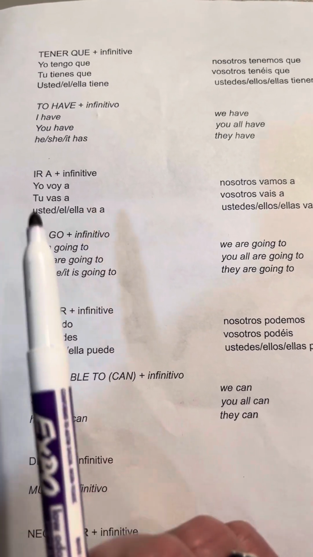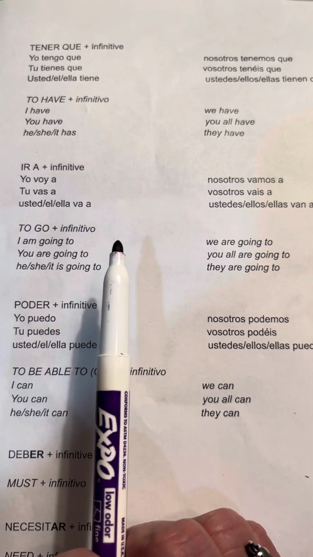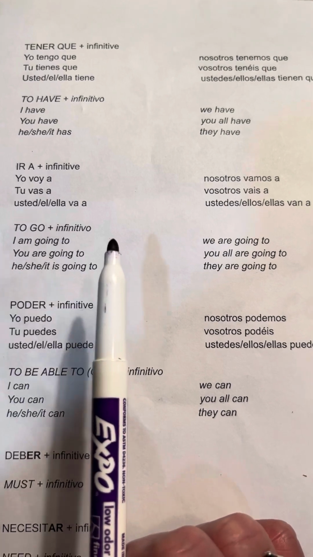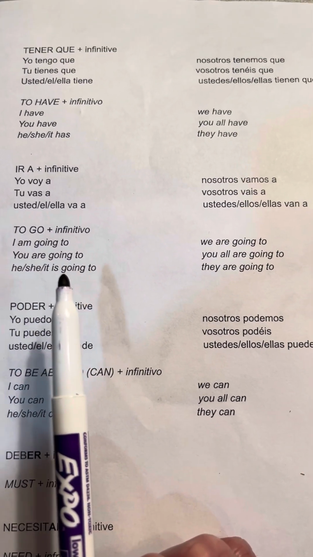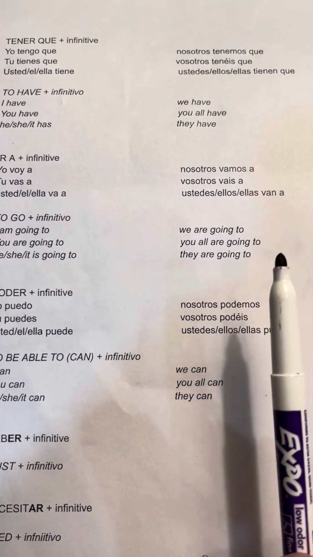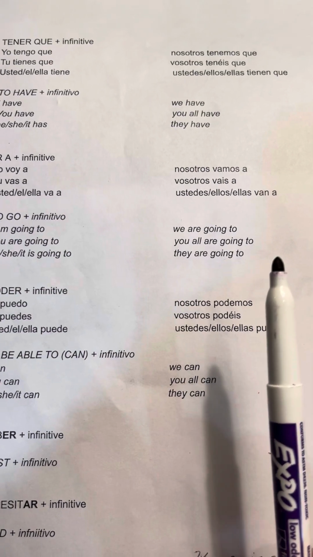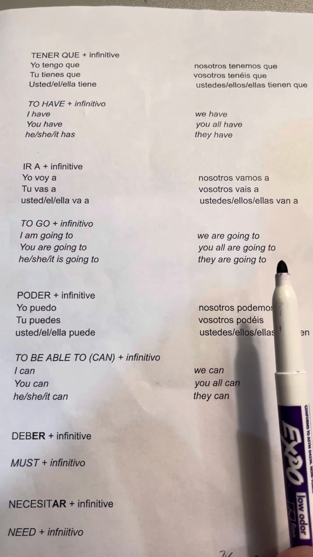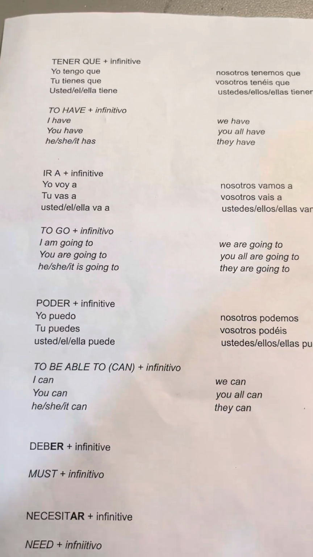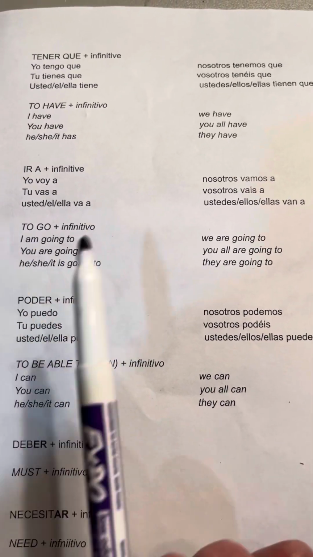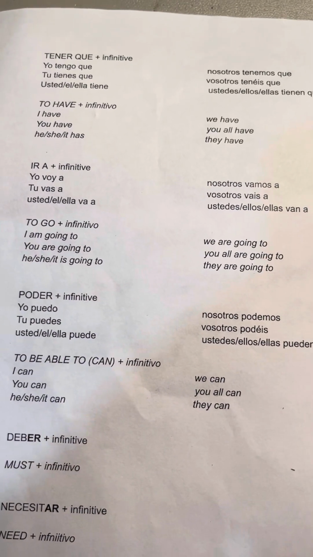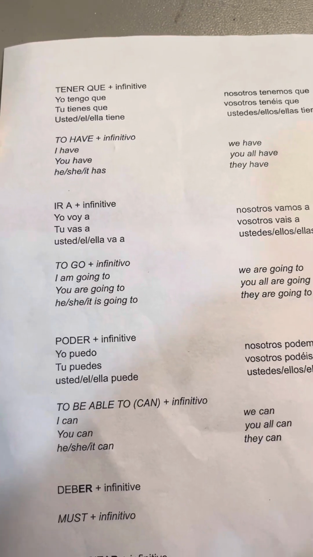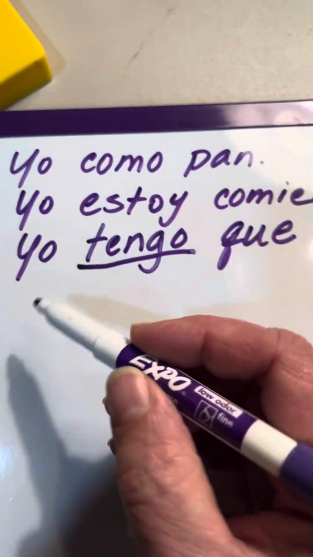So this would be equivalent to I am going to. You are going to. He, she, it is going to. We are going to. You all are going to. They are going to. Excuse me, tener is the have up there. This is, I'm going to. So how we would do it in English, I am going to, right here.